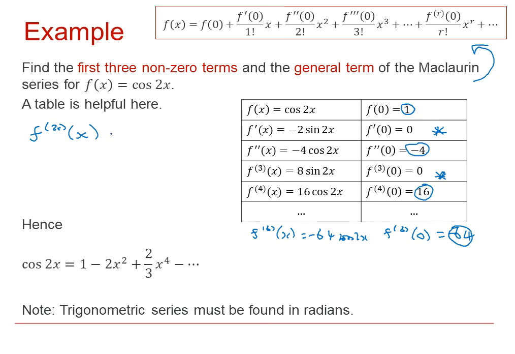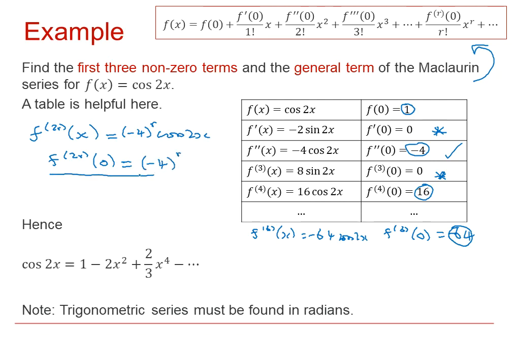So 2r will be an even number, and in order to get these values of 1, minus 4, 16, minus 64, we need minus 4 to the power r. So for example, when r is 1, so this will be a second derivative, we'd have minus 4 to the power 1, which is minus 4. And then we're also going to have a cos 2x. So the 2r derivative when x is 0 will be minus 4 to the r.